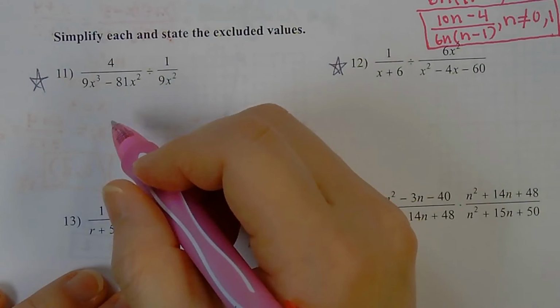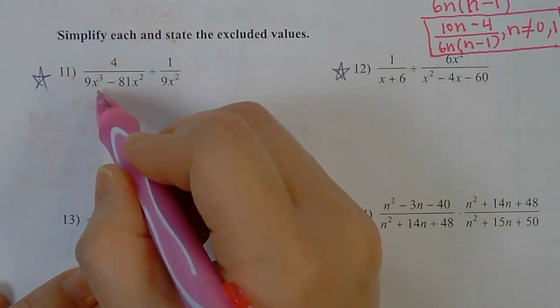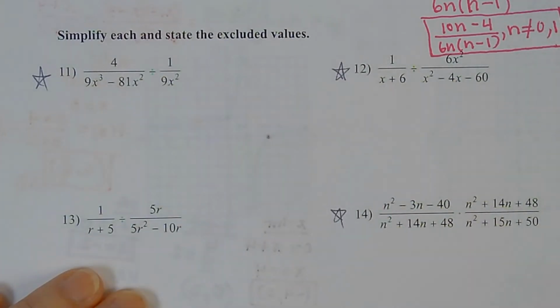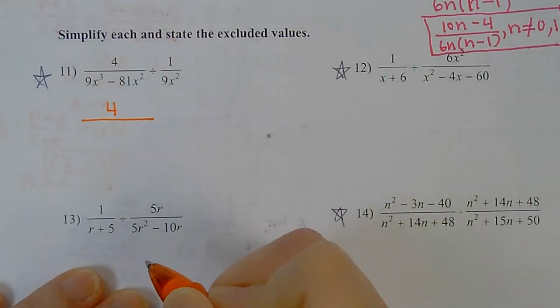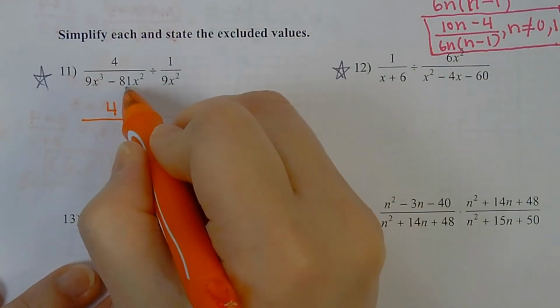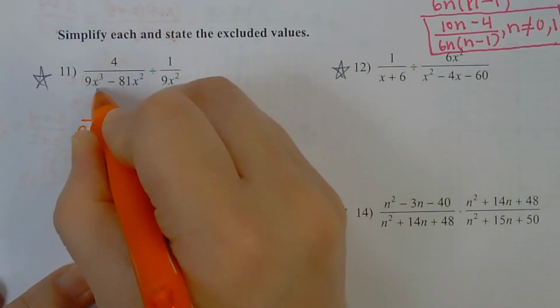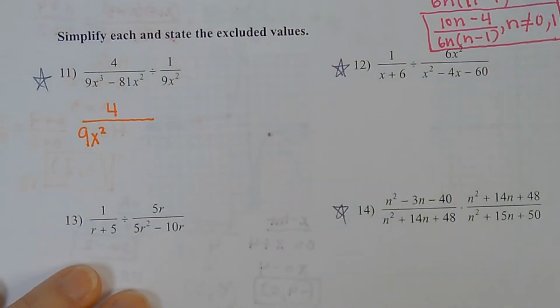Let's take a look here. So this is division. Always we're going to factor as much as we can. So we have 4 over... I know I can factor out a 9. Also, there's 3 x's here and 2 x's here, so I know I can factor out a max of x squared.